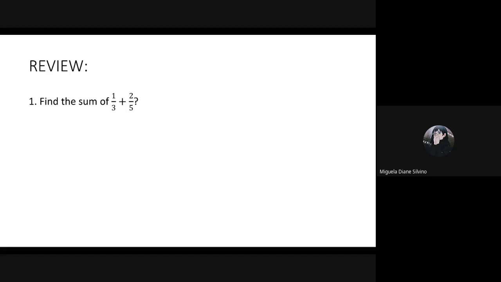As a sort of review, we have here: find the sum of 1/3 plus 2/5. Can someone tell me how we are going to get the sum of two dissimilar fractions? Because 1/3 and 2/5 are dissimilar fractions. What must be the thing that we have to consider?